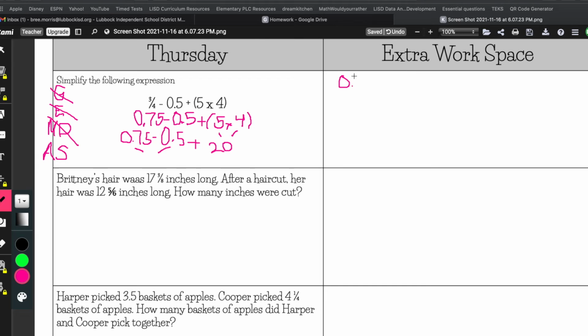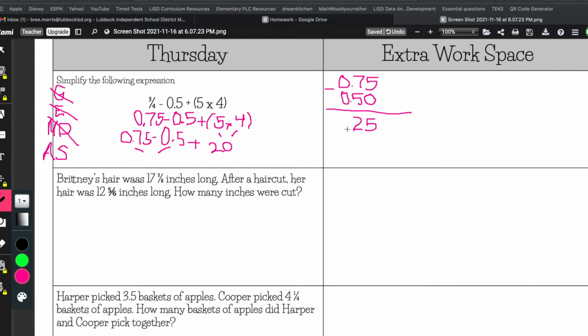75 hundredths. Plus, no, not plus. Minus 5 tenths. Line it up by the decimal. Some of you might be able to do that in your head. That's 75 cents, take away 50 cents. Okay, but if you can't, no shame. 5 minus 0, 5. 7 minus 5, 2.